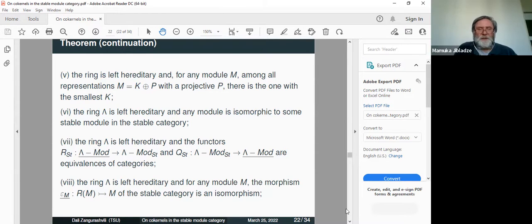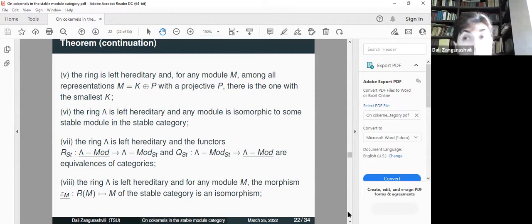Yeah, I mean, in the stable category, it's difficult to see at all which are isomorphisms, but in the category of modules it's not difficult. We had the criteria in our previous work. First of all, they were known. There is the so-called Heller's criterion.